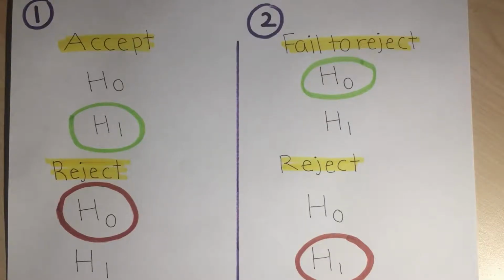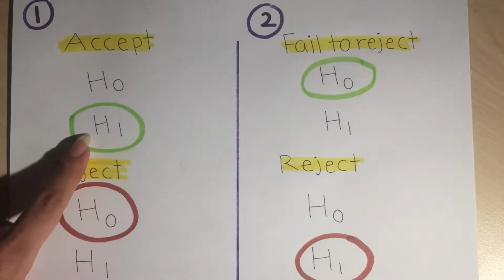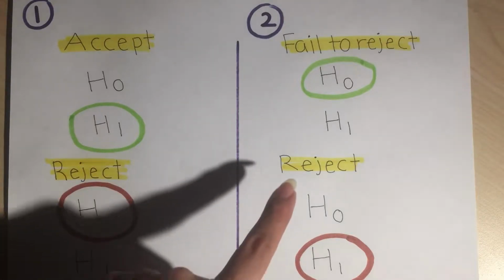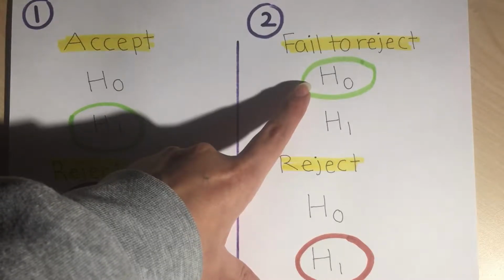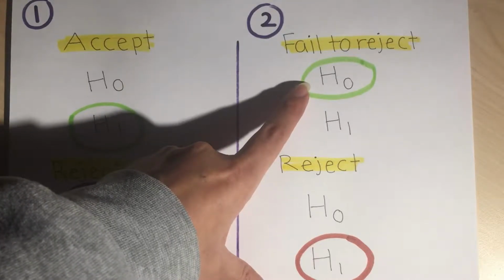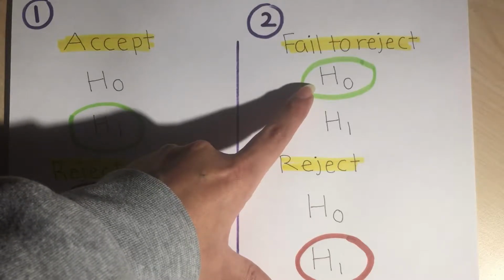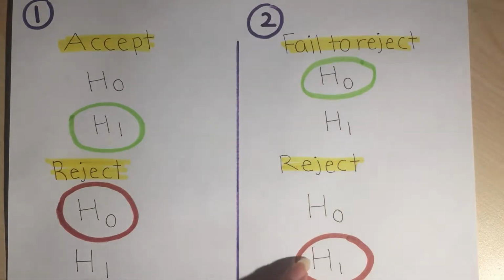There are two possible outcomes that you can get while using a test like this one. You can get a z-score that allows you to accept the alternative hypothesis and therefore reject the null. The second possible situation would be you can get a z-score that allows you to fail to reject H0 because you can't accept H0 and therefore reject the alternative hypothesis.